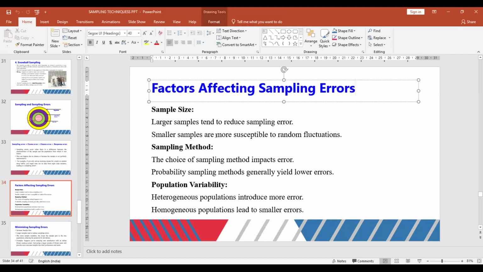So, for that, how can we minimize the sampling error, how can we utilize the sampling techniques? These are the basic points. You should increase the sample size, it will be better.